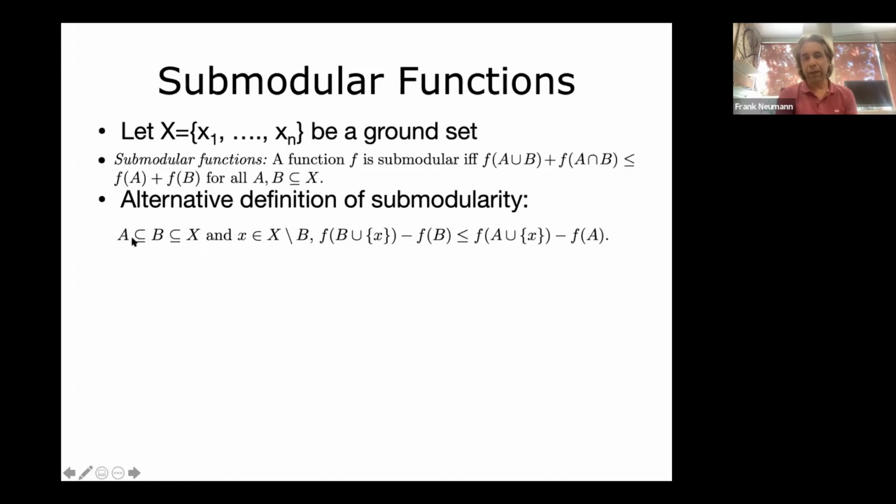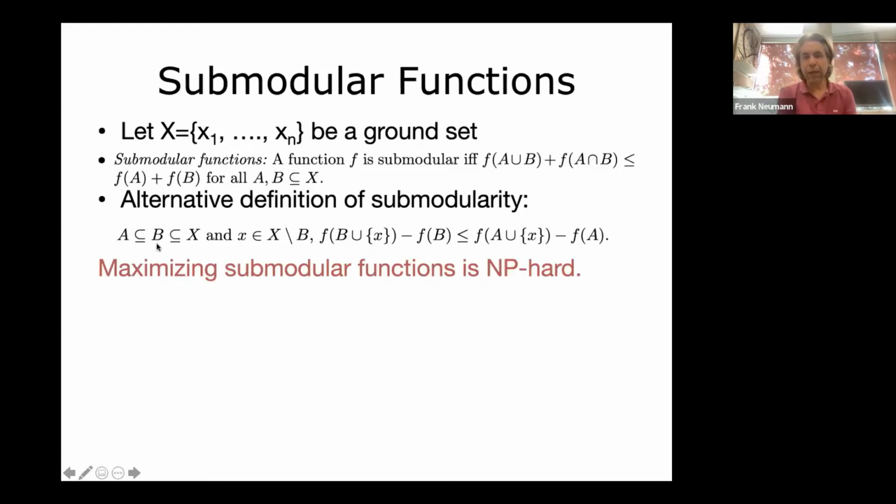So A is included in B. Then if you add an element that is not in B, you can't gain more than if you add the element to your set A. That is the property of diminishing returns. You add it to the larger set, and you can't gain more than when adding it to the smaller set, assuming that A is included in B. And maximizing submodular functions is already NP hard.